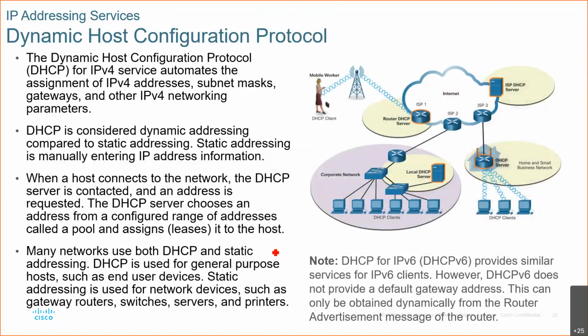We also have another protocol, which is the Dynamic Host Configuration Protocol. This is a very essential protocol to give IP addresses to your computer from a central location, a central server, or a central router. It would be very difficult, as you know, to give a static IP address to every device in the network.